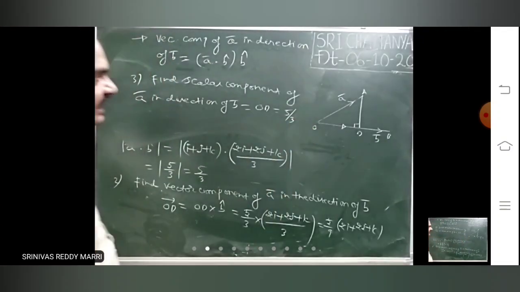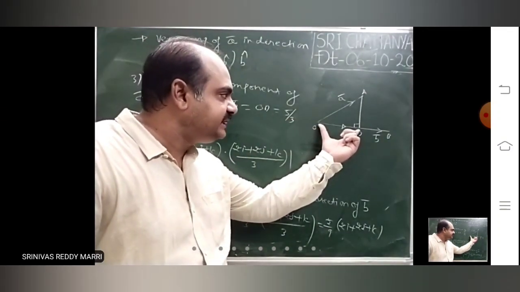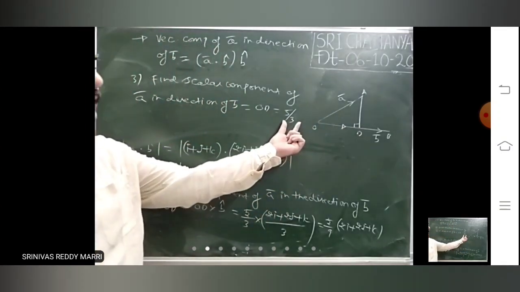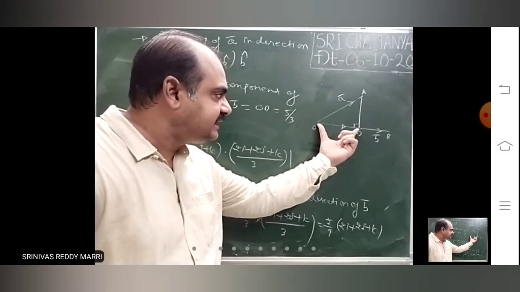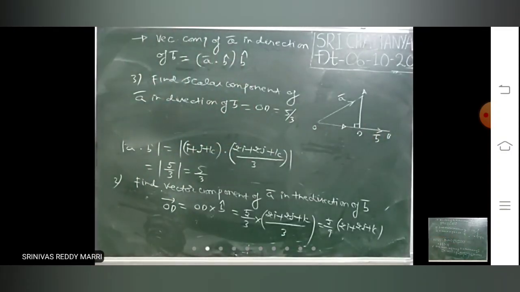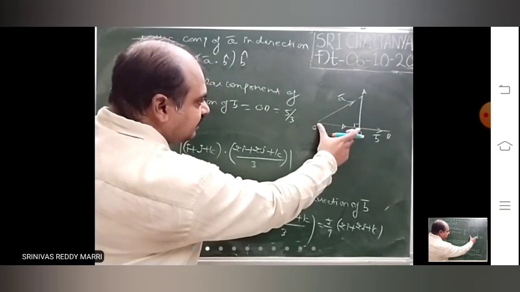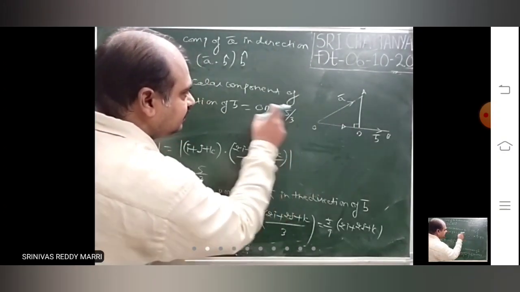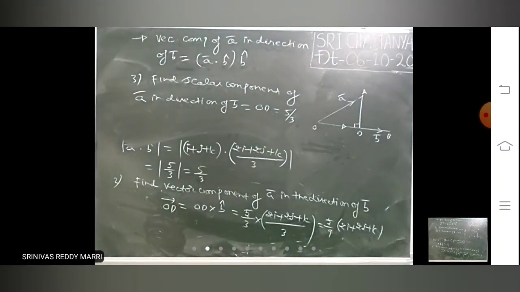Whatever we have calculated, that length only, simple. Orthogonal projection length is there, that length, 5 by 3. Scalar component means this length. Vector component means OD bar. Scalar component is also equal to projection or length of projection. In some cases, he will ask scalar component also. That means you write that length, that's all. Modulus of A bar dot projection.